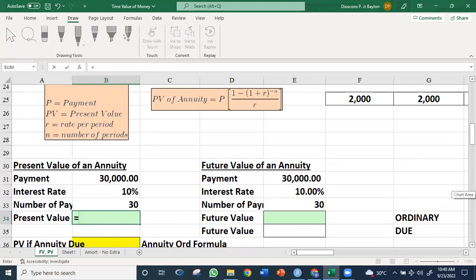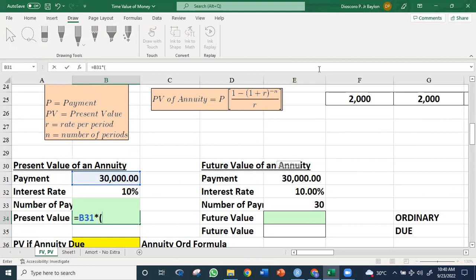It is equal to, what's your P? This is our P, right? Our annuity payment, and then times. Let's multiply it first with this one.